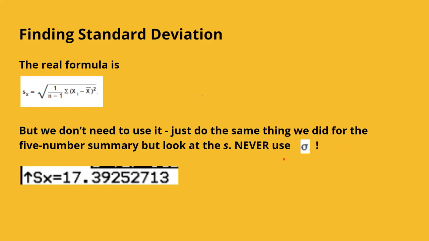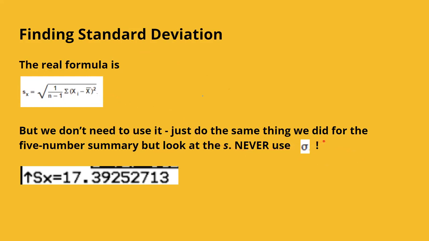It also kind of looks like a bomb to me. But never use the bomb one. That's for a population. In statistics, 99 out of 100 times we use the sample, which is S. So use the S one all the time.